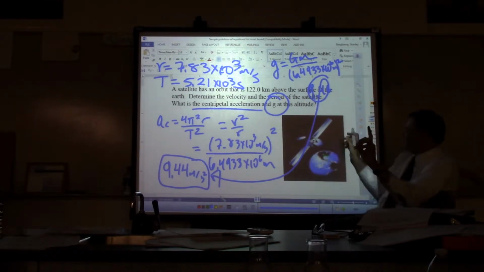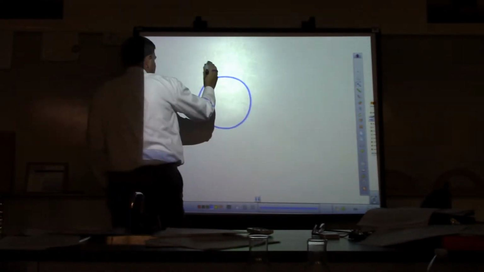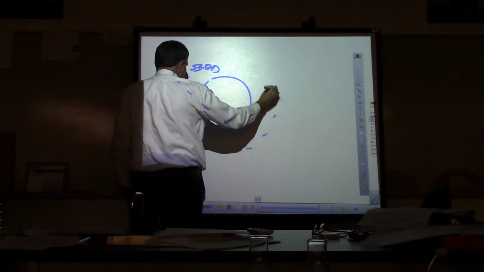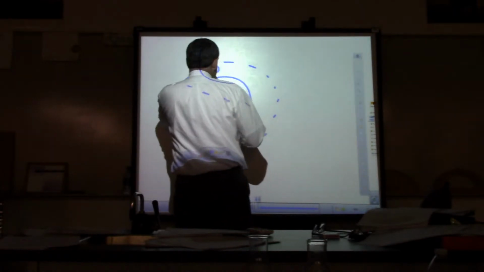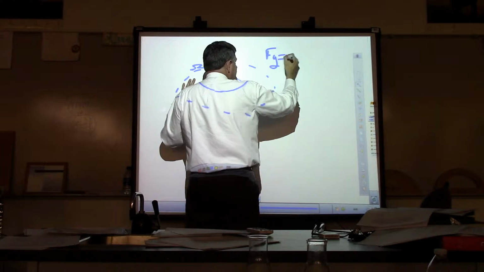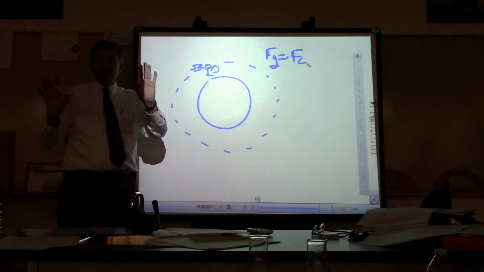So look, here's the grand idea. Here's a satellite, it's in orbit around the Earth, right? The gravitational force pulling on it has to equal the centripetal force. Big idea.